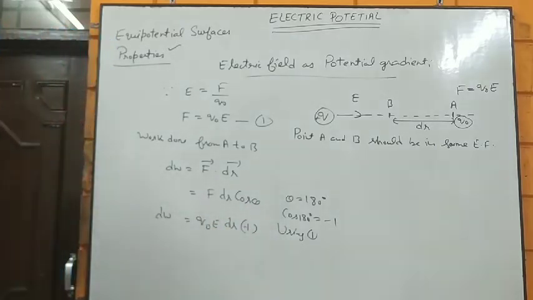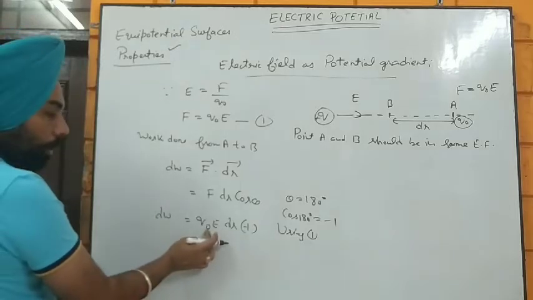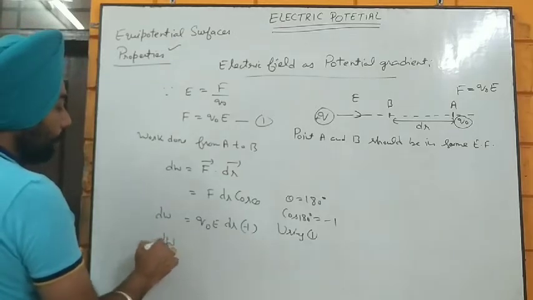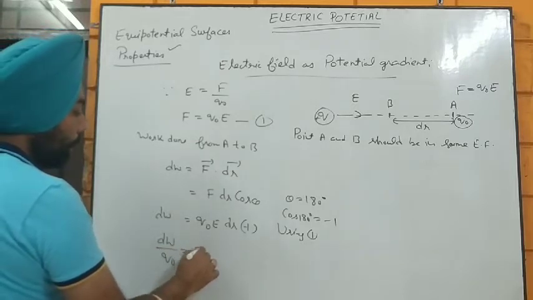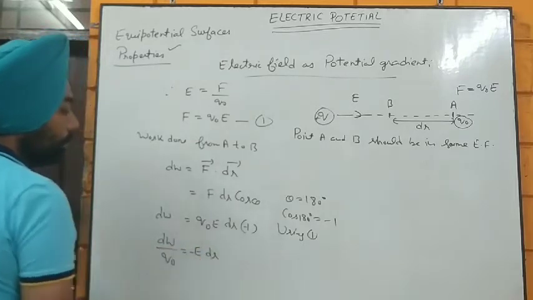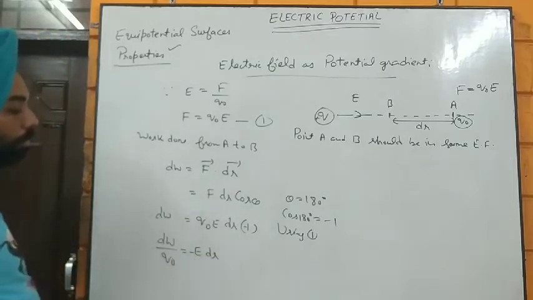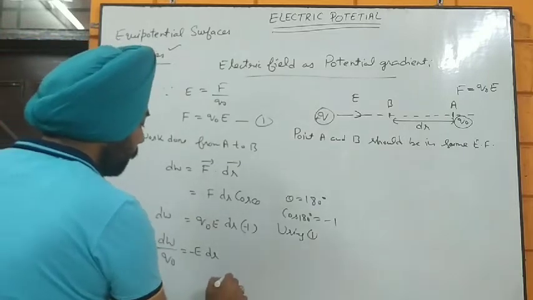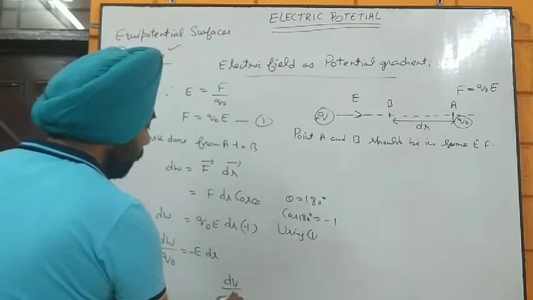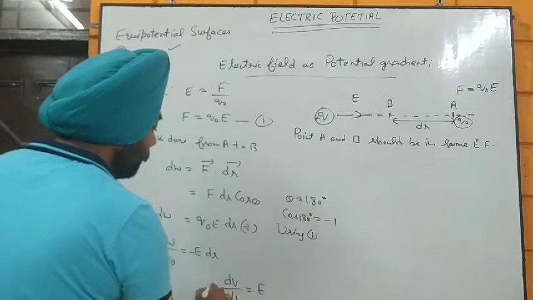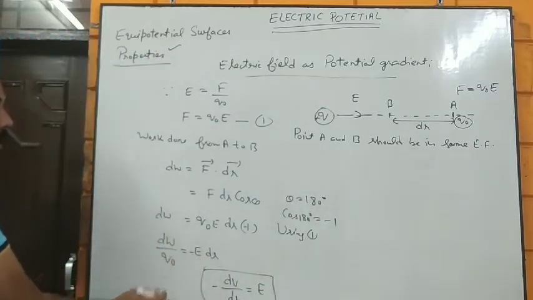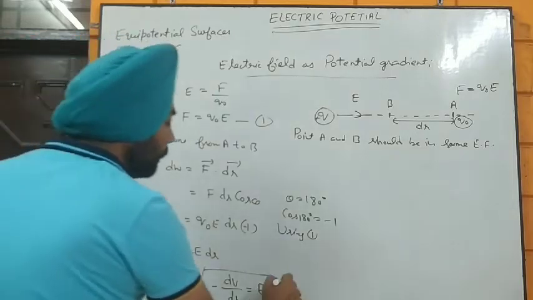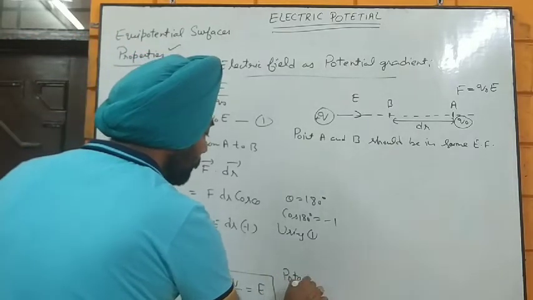So we are moving the test charge here, and the work done upon the test charge is equal to E into dr, with a negative symbol in front. Now work upon charge is potential. Therefore dV upon dr is going to be, with this negative symbol shifted to the left-hand side, equal to E. That is known as potential gradient.